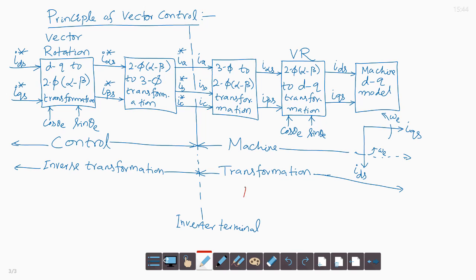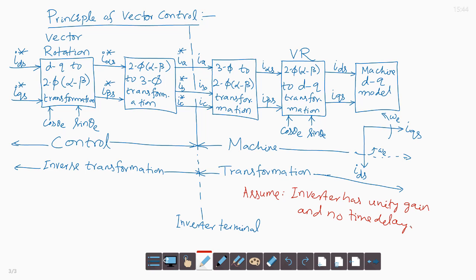We assume the inverter has unity gain and no time delay, instantaneous response.